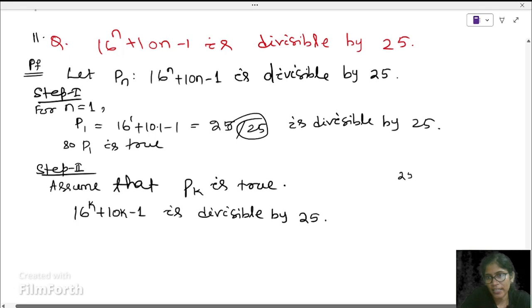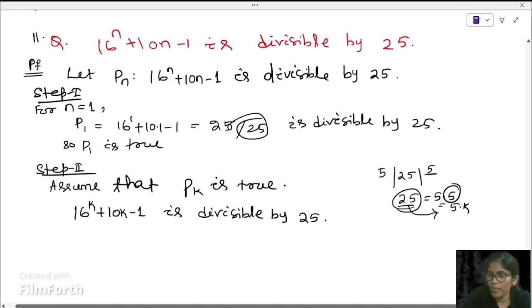Okay, listen. If 25 is divisible by 5, that means it is 5 into something.